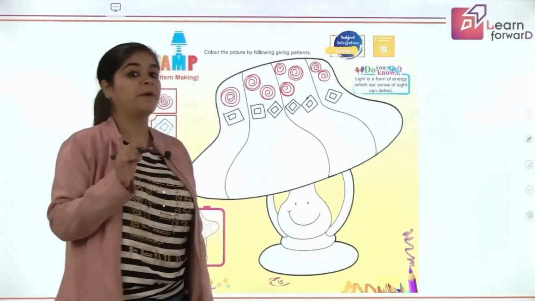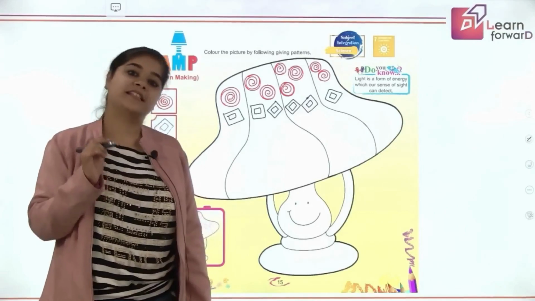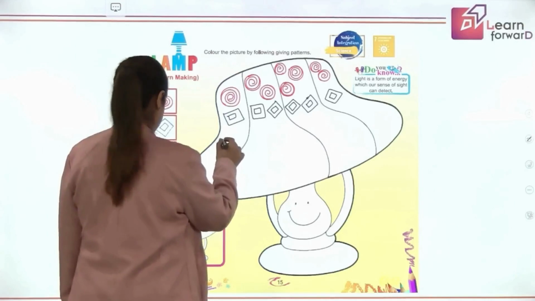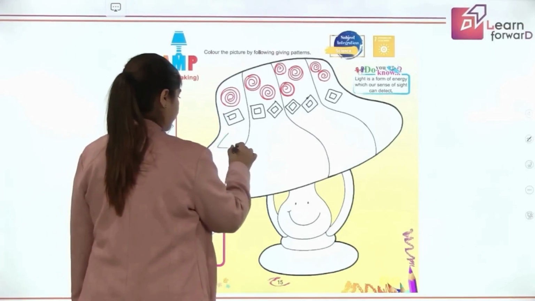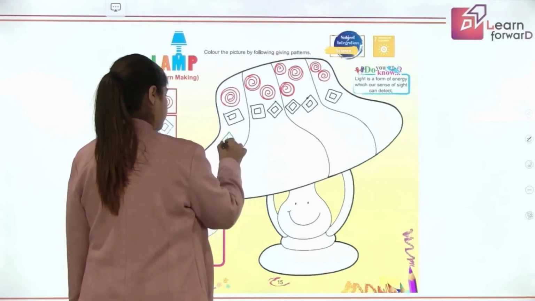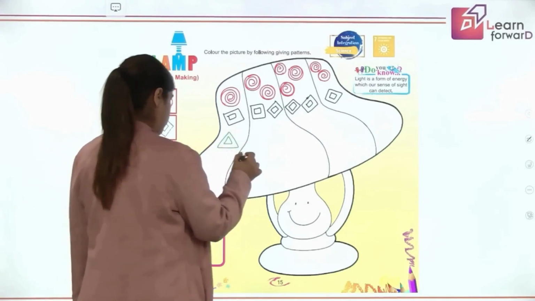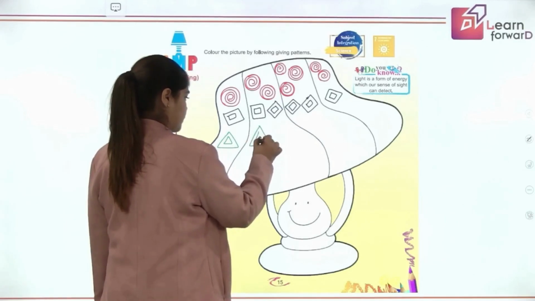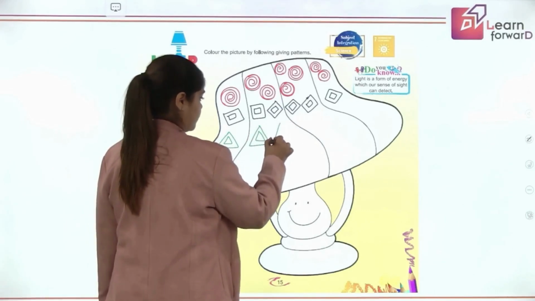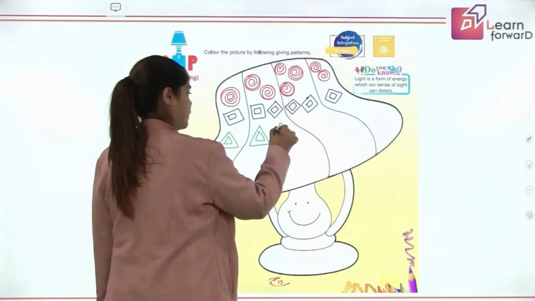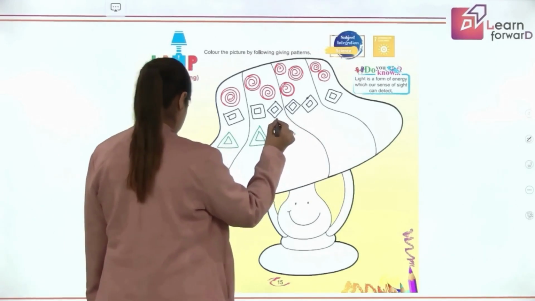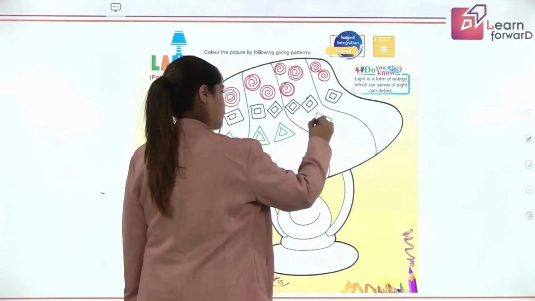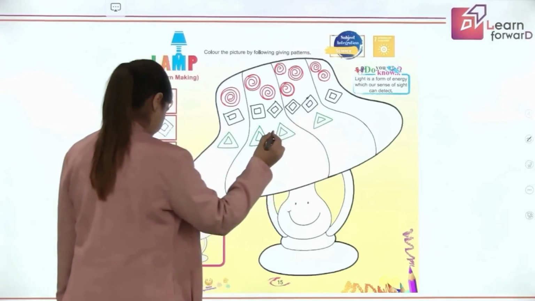So, the third pattern is green colored triangles. Let's do it. One, two, three, 4, and 5.